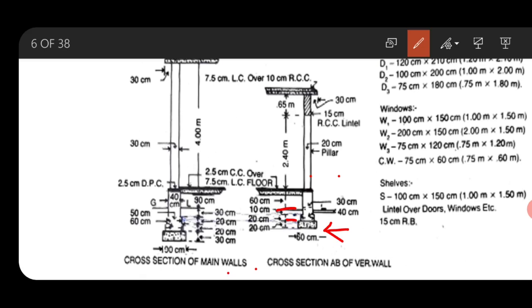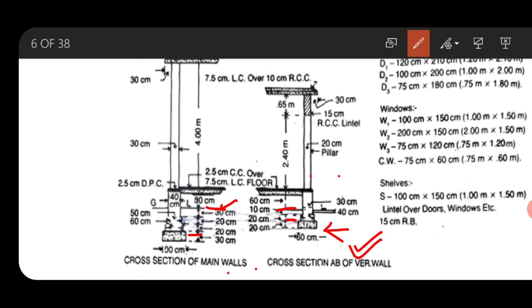But at the same time, below the 30 centimeter wall, the cement concrete work is prepared at a depth of 70 centimeter from the ground level.